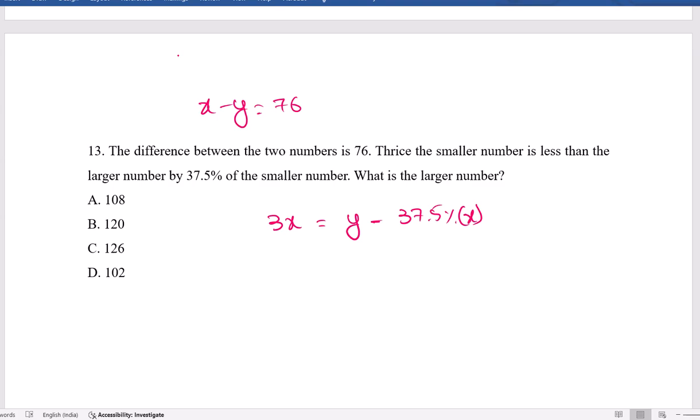X is the smaller number I am taking, y as the larger number. Thrice the smaller number is less than the larger number by 37.5%.